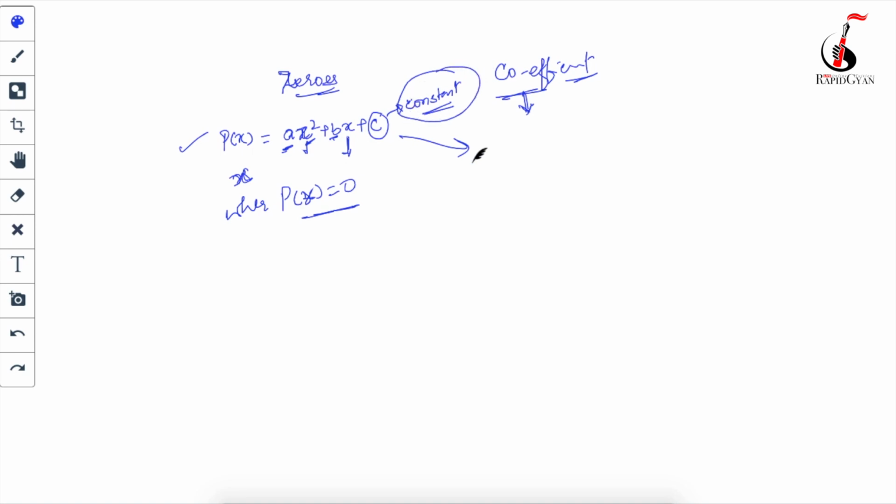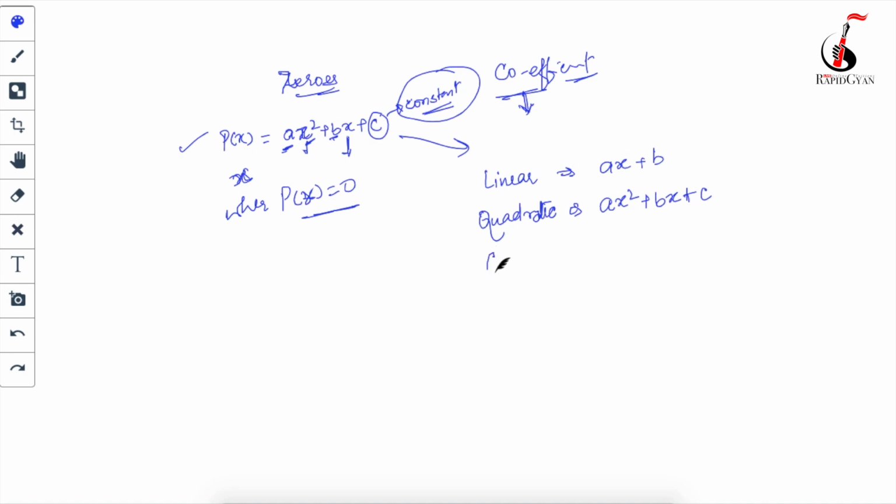There are three types of polynomial which we have to study in your class. One is the linear polynomial, which all of you are aware of. Linear polynomials are in the form of ax + b. Then there is the quadratic polynomial, in the form of ax² + bx + c.